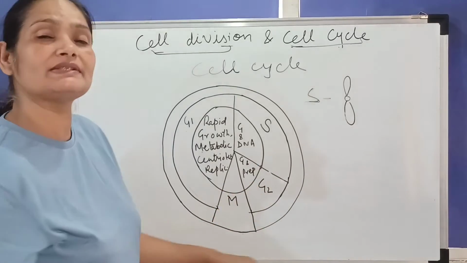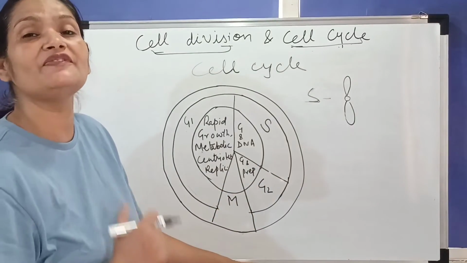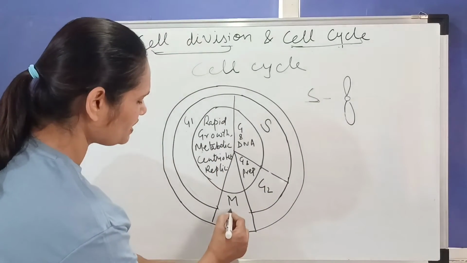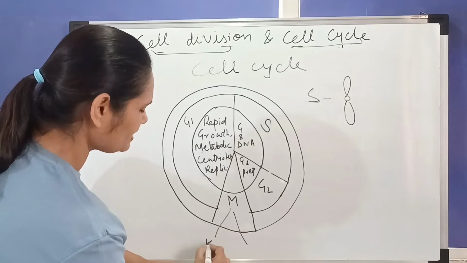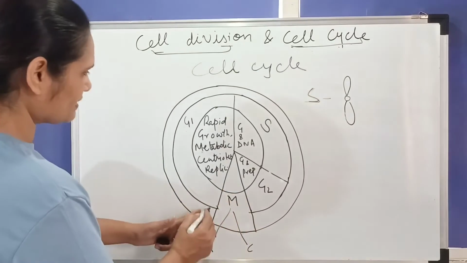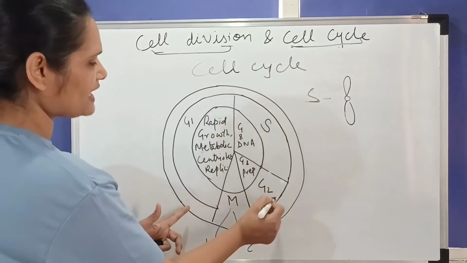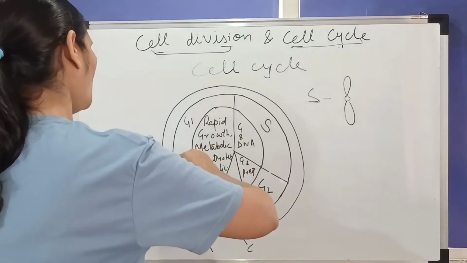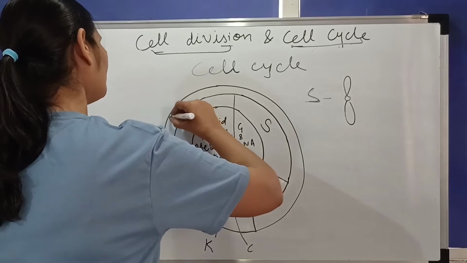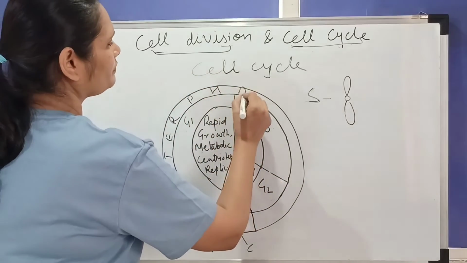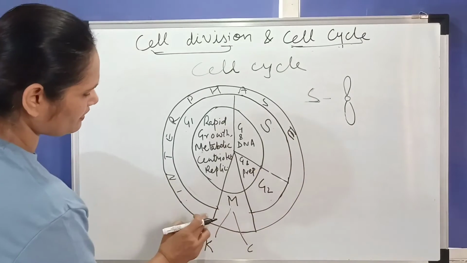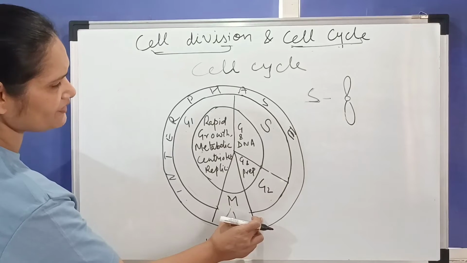In this phase, the cell grows and prepares itself for the final division, and then the cell enters the mitotic phase. As I said, the mitotic phase is divided into 2 parts: one is karyokinesis and the second one is cytokinesis. So the G1 phase, S phase and G2 phase, all this whole is called interphase.